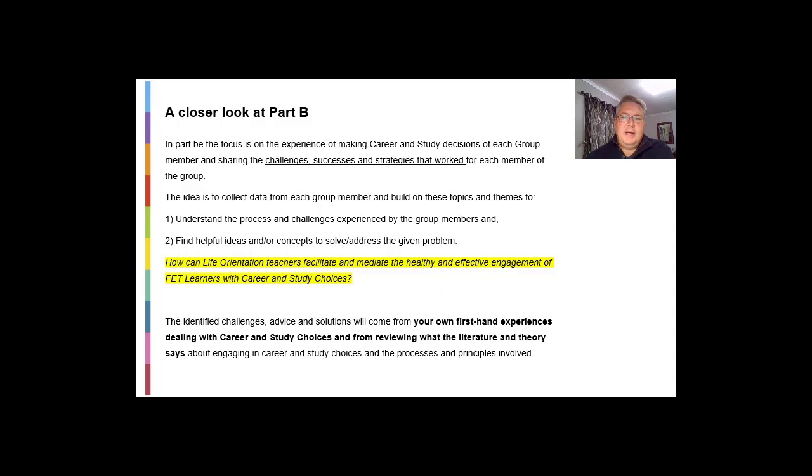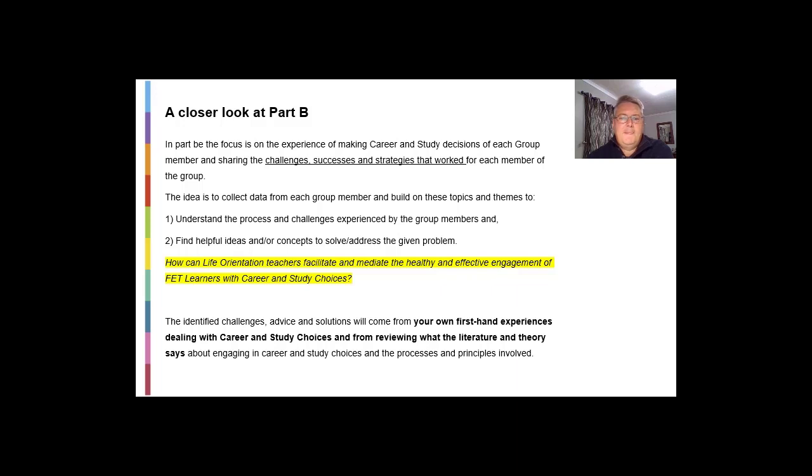But certainly you can survey it as well. I'm going to just leave that open-ended as a preference for you, but definitely some qualitative data will be most helpful in terms of this question. And of course, it's about finding helpful ideas and or concepts to solve and address the given problem.